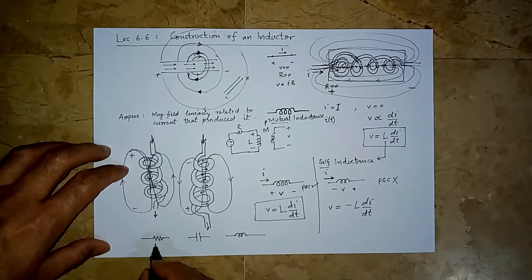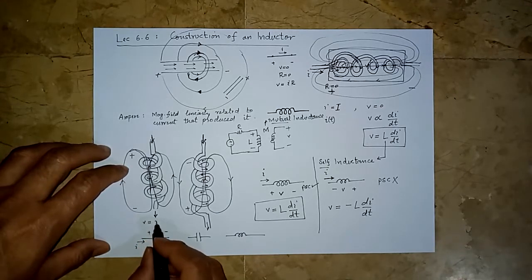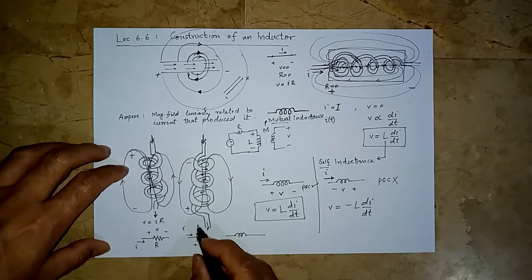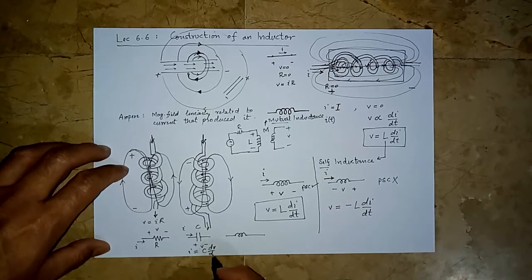So for the case of a resistor, the voltage across it and the current through it are related by V is equal to IR. For the case of a capacitor, the current through the capacitor is related by this expression. Current and voltage are related by this expression.